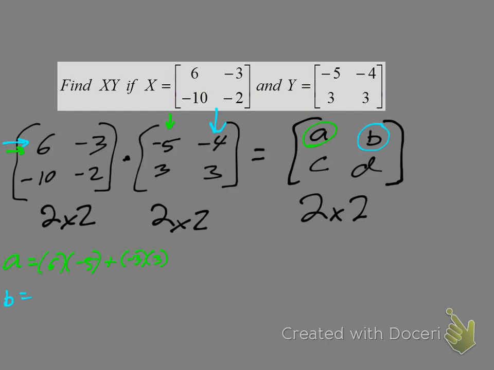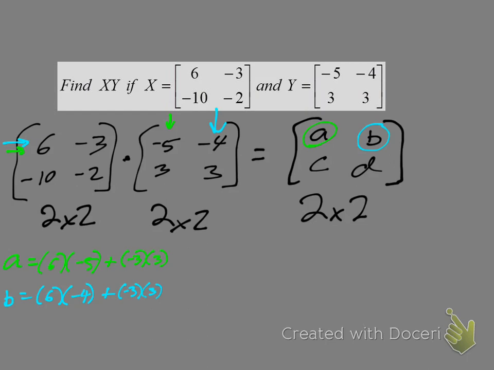So 6 is the first one in this row, times negative 4, the first one in that column, added with the second in the row, negative 3, and the second in the column, 3. Good so far.